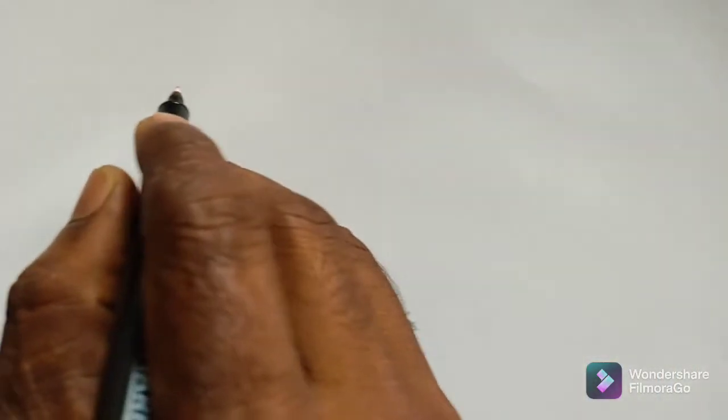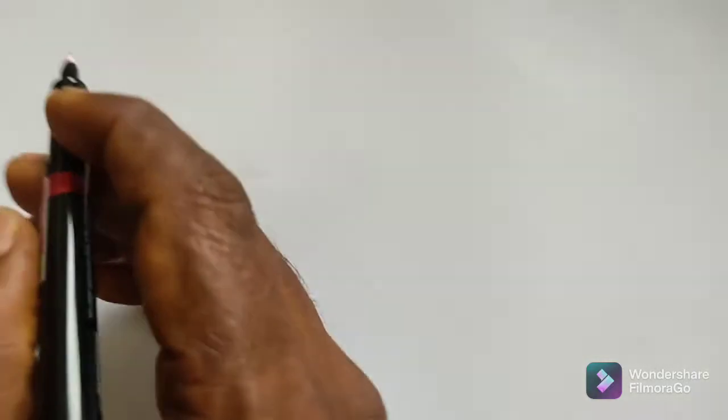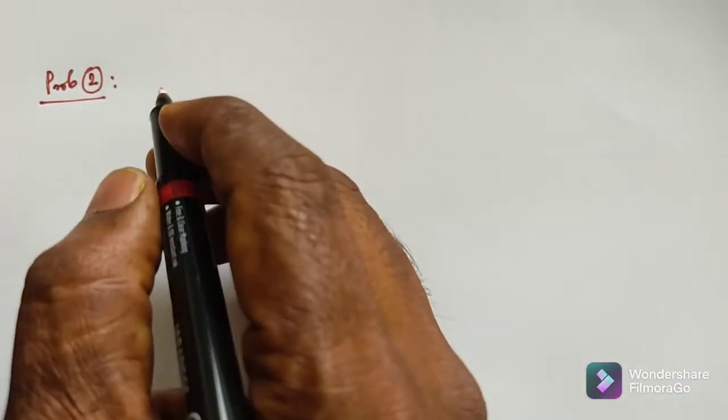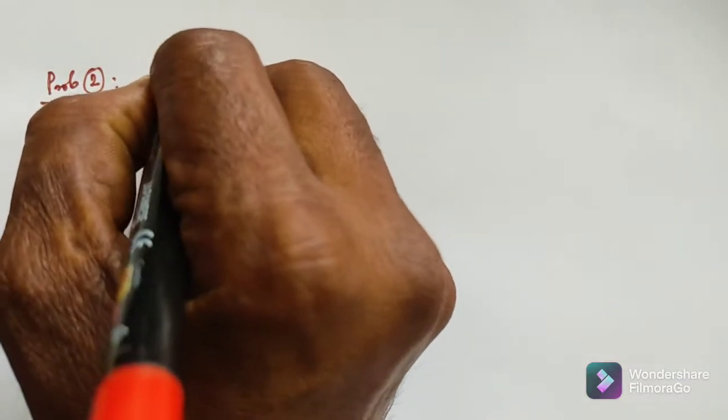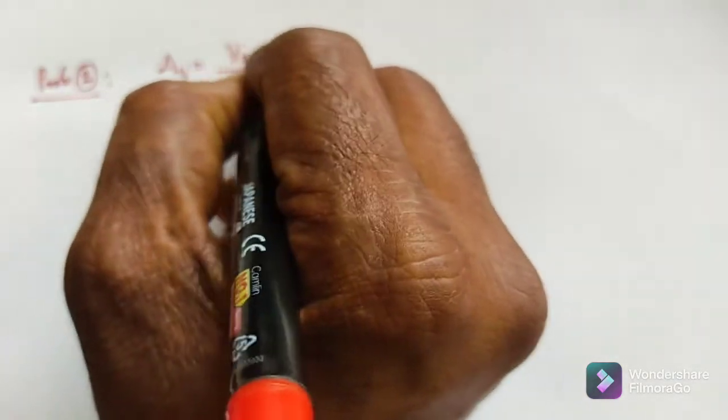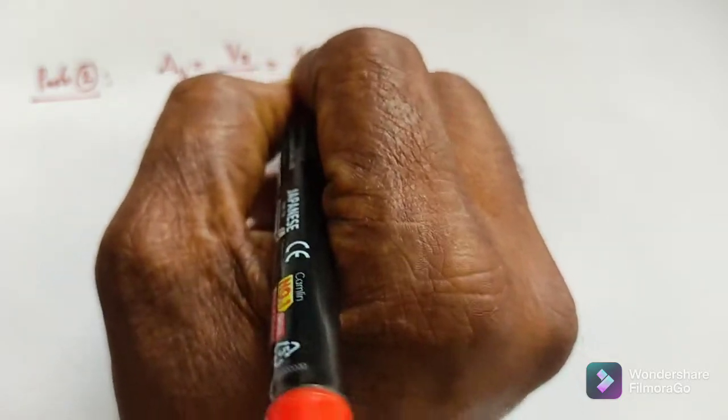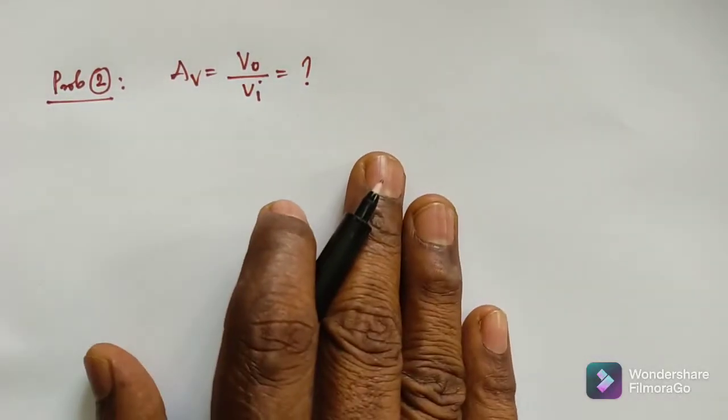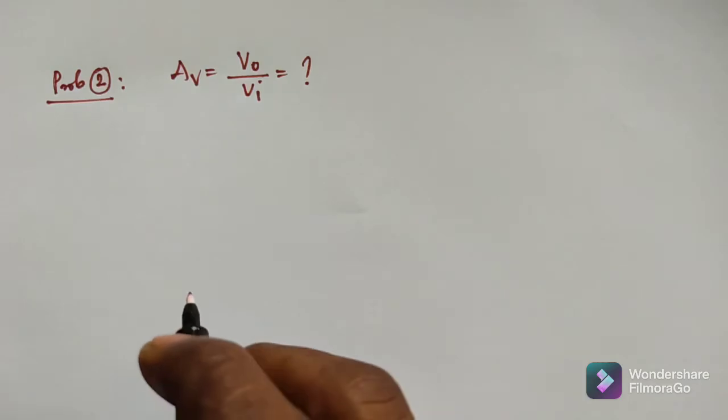Based on this previous problem, we are doing one more problem, problem number 2. You have to calculate the voltage gain V0 by Vi for the following circuit diagram.